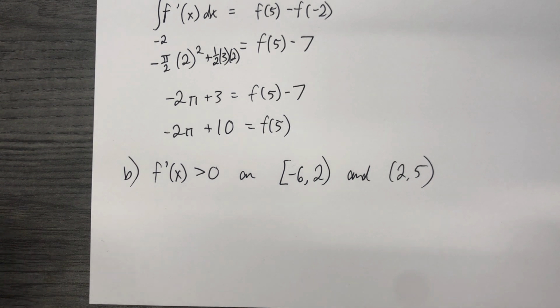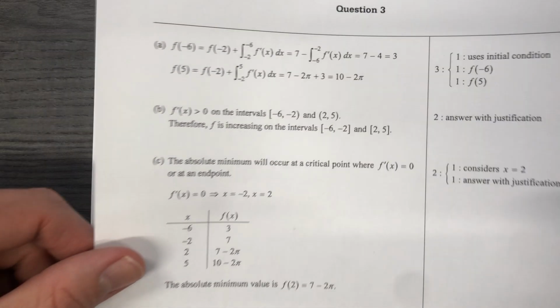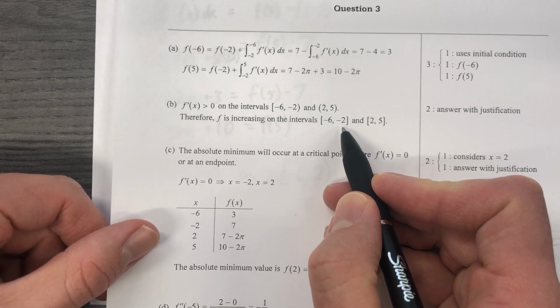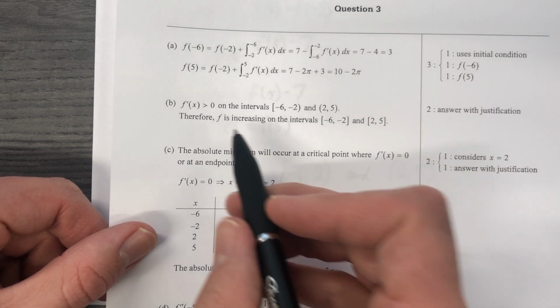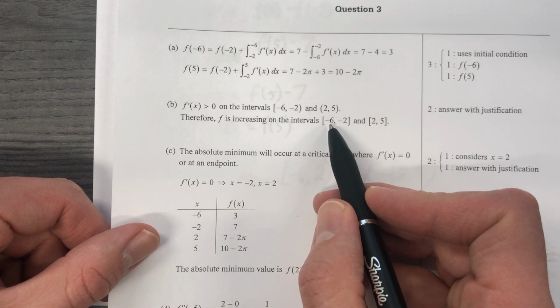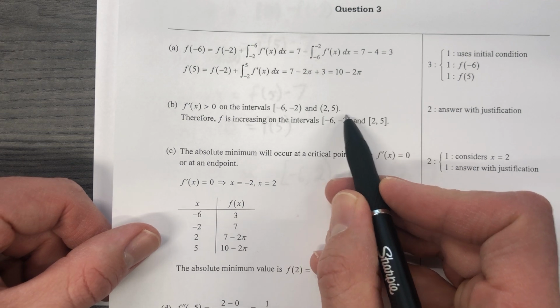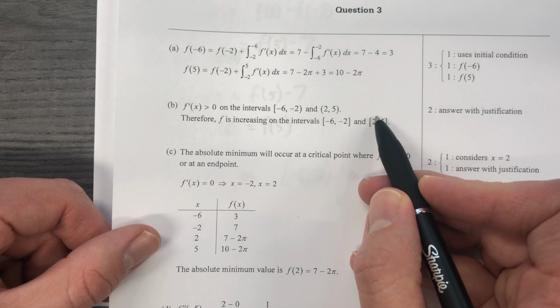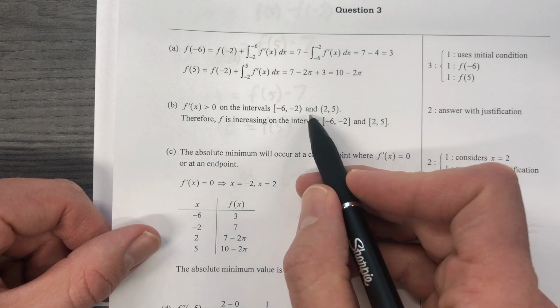They get a little bit loose with the way they word their answer. They put brackets on these. So you could make the argument that the function is increasing on the intervals from negative 6 to 2 parenthesis, and then 2 parenthesis to 5 parenthesis to match what you have here.